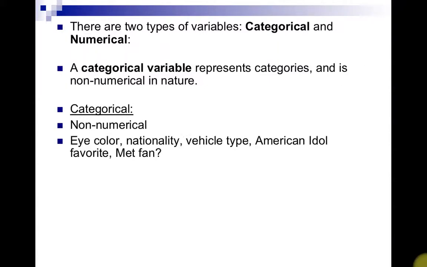Okay, eye color could also be a categorical variable, because when you ask a person their eye color, the answer to the question is a color, not a number. A person's nationality, the type of vehicle a person may drive. Who's your American Idol favorite? Are you a Met fan? All of these answers can be categorized by values that are non-numerical.